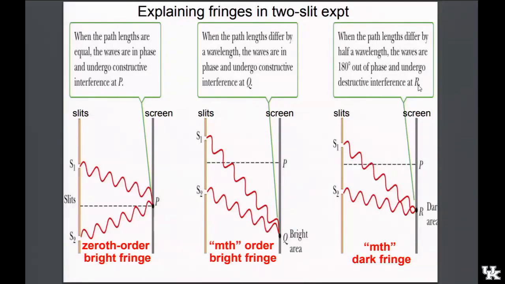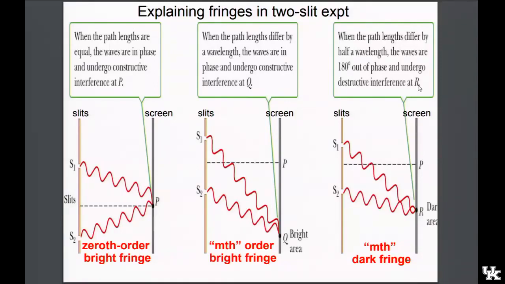You get a bright fringe here if the extra path that's taken by this upper light compared to this lower light is a whole number of wavelengths. So the first order bright fringe is when this is one extra wavelength. Second order bright fringe when there's two extra wavelengths. Third order when this is three extra wavelengths, and so forth. So that's the nth order bright fringes.